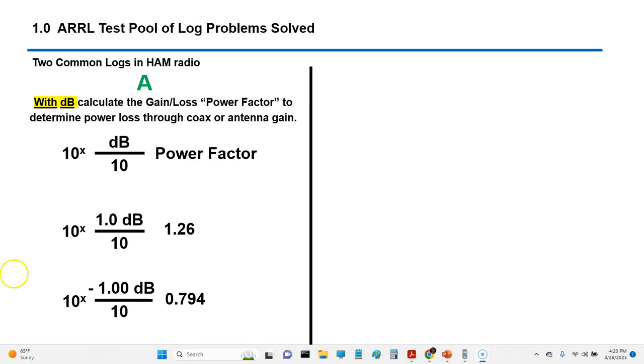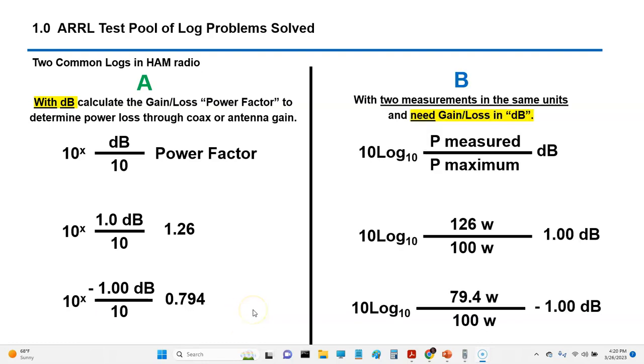So that's how they calculate the power factor. So if you have 100 watts and an antenna gain of 1.26, that's going to give you an effective radiated power of 126 watts. Same thing on the coax. If you've got a minus 1 dB at say 100 feet, you put 100 watts through the coax, you're going to get 79 watts through at the end of the coax.